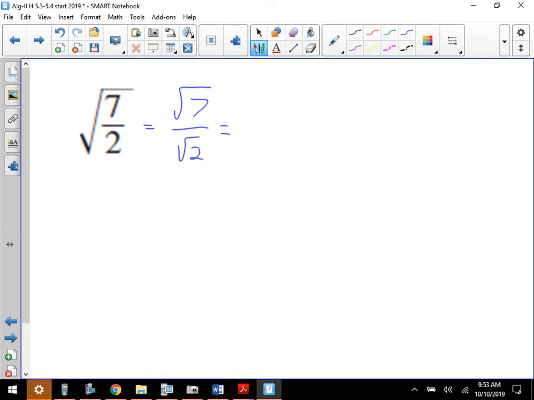Because what's root 2 divided by root 2? 1. All you're doing here, if you multiply anything by 1, do you actually change it? No. All we're doing is multiplying by some value of 1 so that it doesn't change the problem. It just eliminates the ugliness.